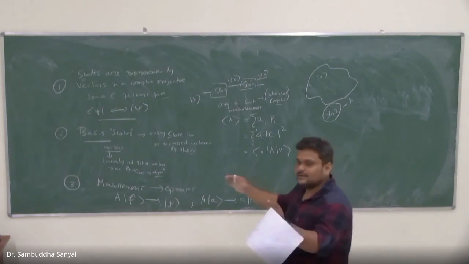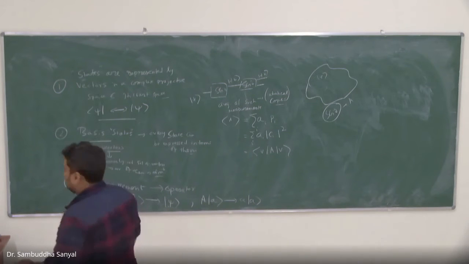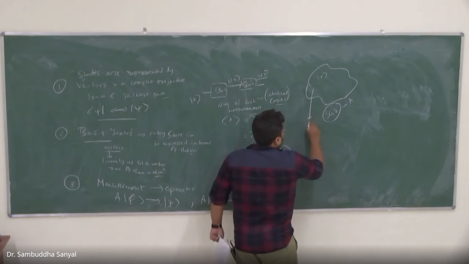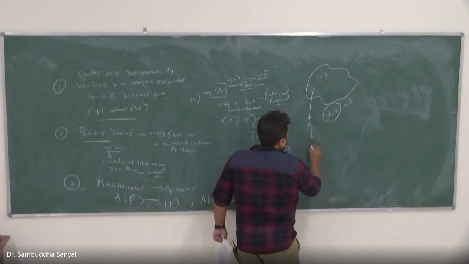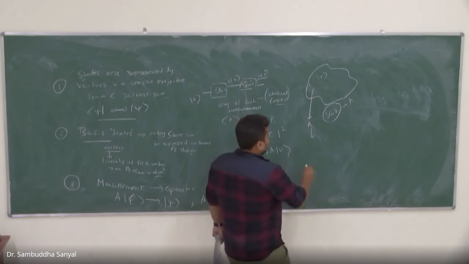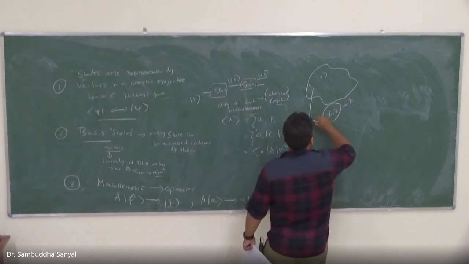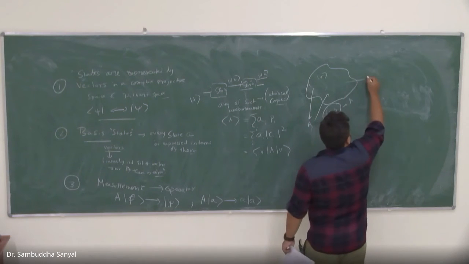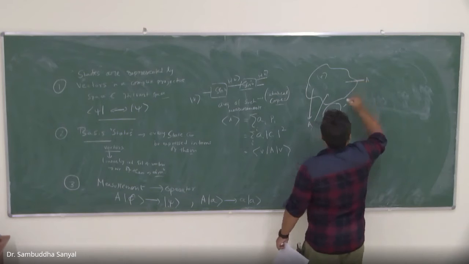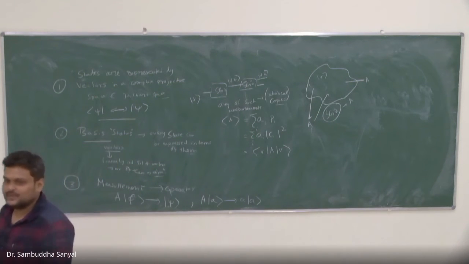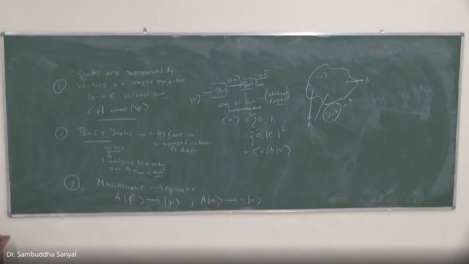If I take a state and pass it through that operator, I should get another state in the same space, right? I should get from this point to another point. But there are some states for which if I take it through A, I return to the same place, right? Those states we know to be eigenstates of that operator.